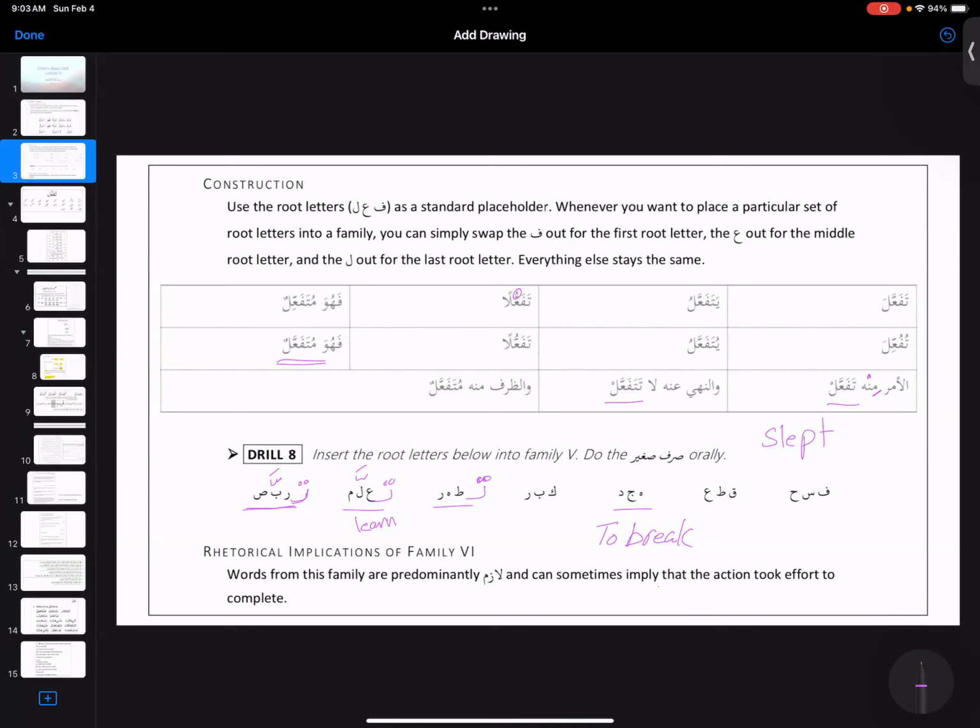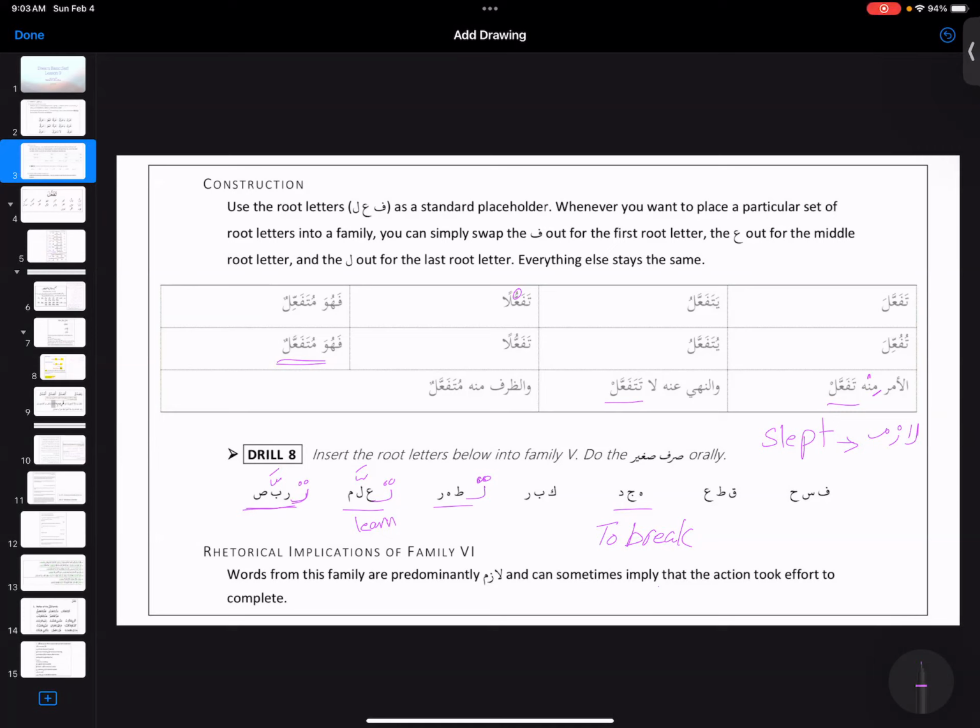So in that case this verb slept is lazim. One trick is you put something or someone with it. He slept someone or something, does it make sense? He slept something or someone is not going to make sense.